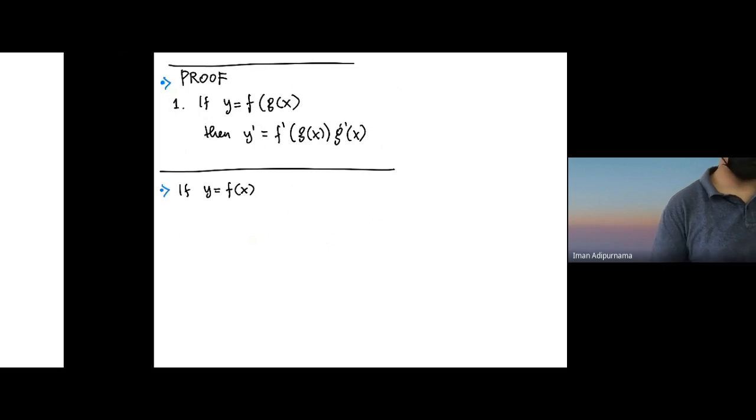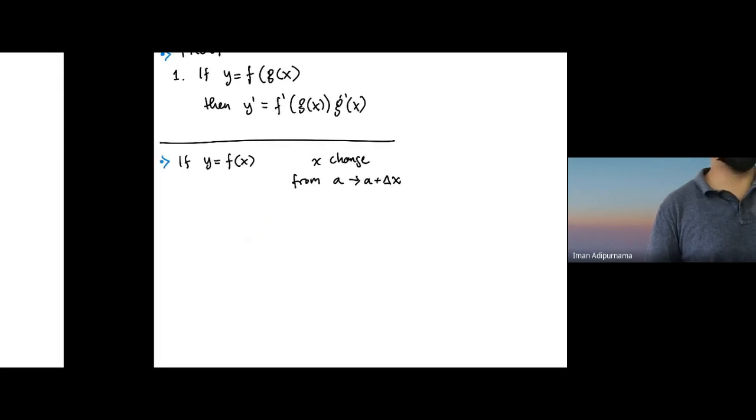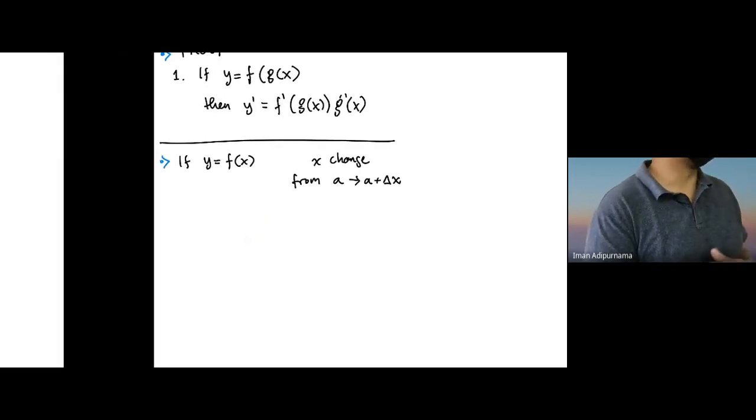Okay. So if this is f of x, maybe here x changes from, let's say, some a to a plus some delta x. Remember, when we are dealing with the limit, we have some small increase.